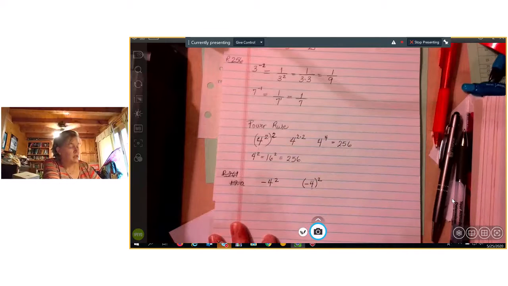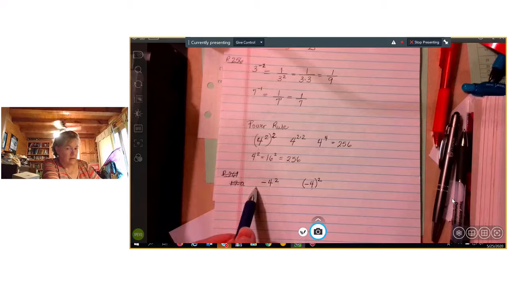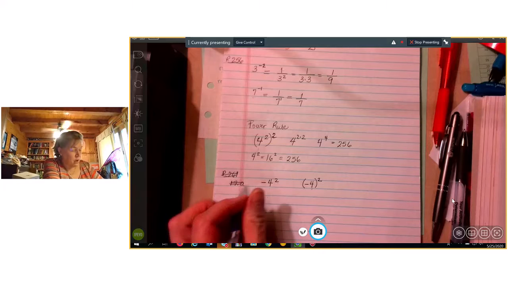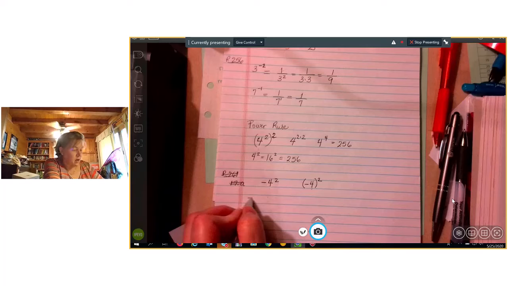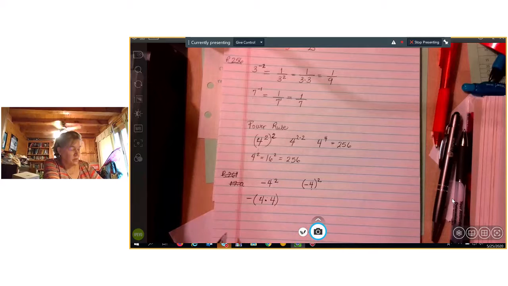The difference is, this is telling me to square the 4 and then take the negative of it. So here I would say 4 times 4 is 16, and then I take the negative. So if I wrote this out, it would be the negative of 4 times 4. So this equals negative 16.